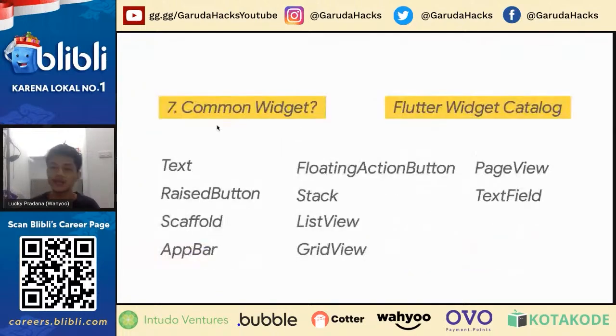And the common widgets that you might use in Flutter are listed in the Flutter widget catalog. It's documented really well. You should check it on Flutter.dev. But there are some widgets that are frequently used in your project, like Text, Button, Scaffold, AppBar, something like that.